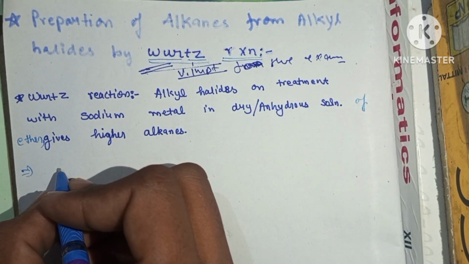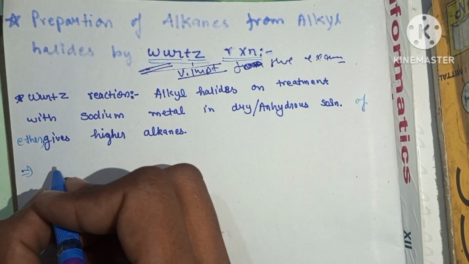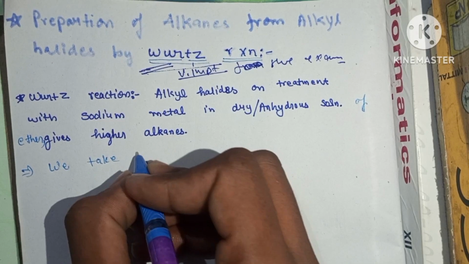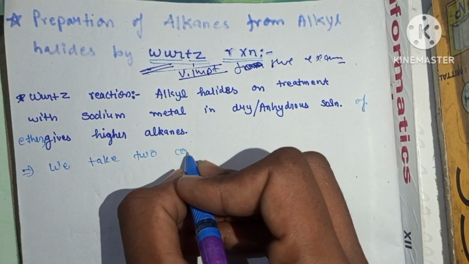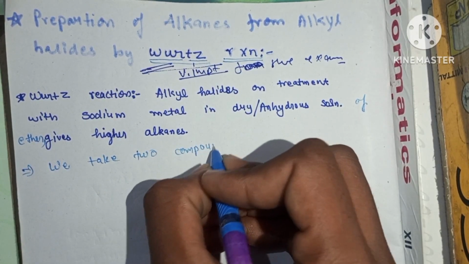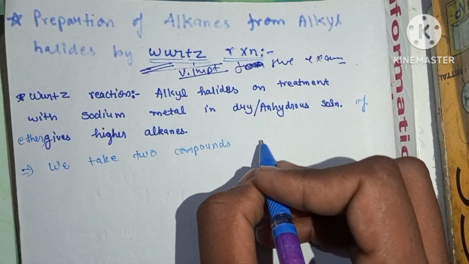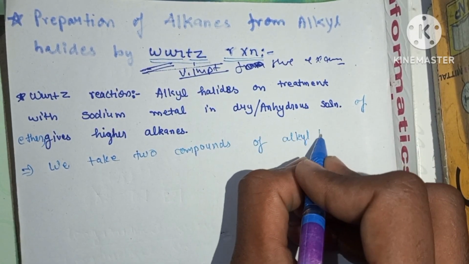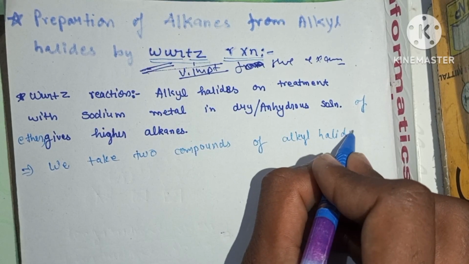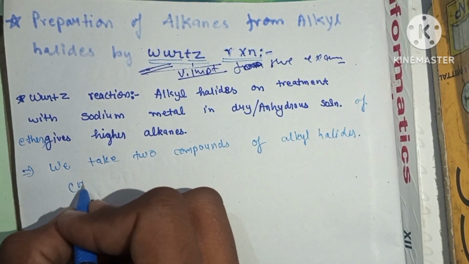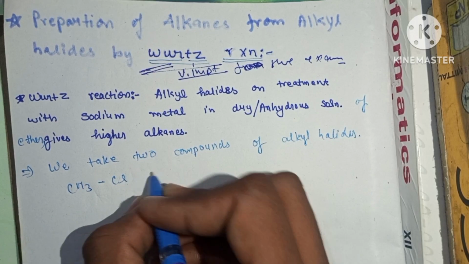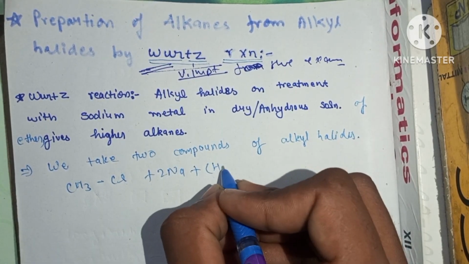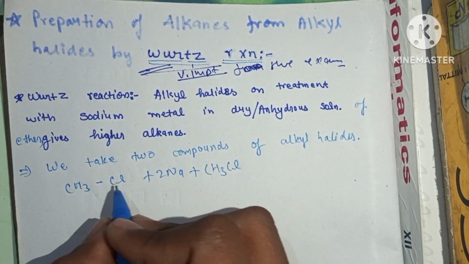So here we take two compounds of alkyl halides like CH3Cl plus 2Na plus CH3Cl.